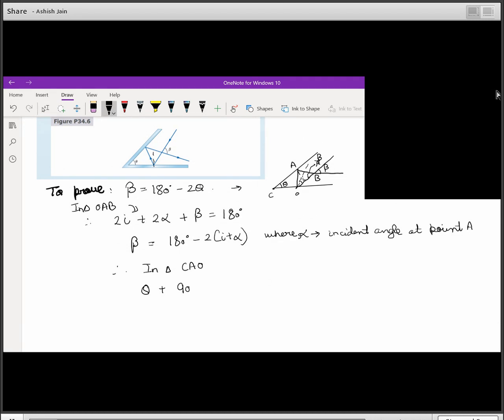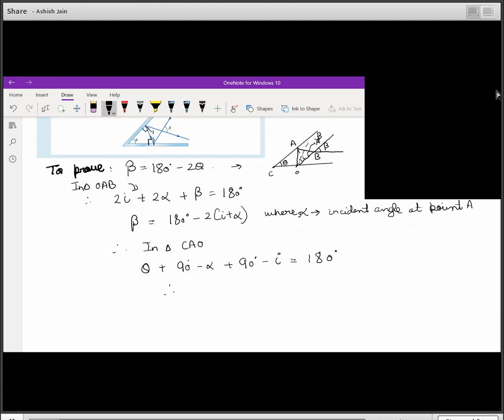The drawing was, this is 90 degrees. This is 90 degrees as well. So 90 minus alpha plus 90 minus iota equals 180 degrees. Therefore, theta is equal to iota plus alpha.